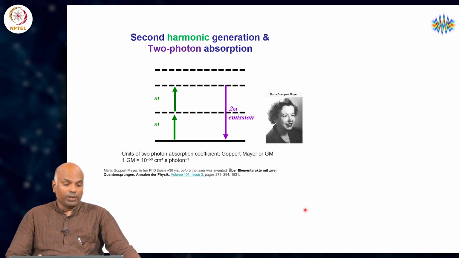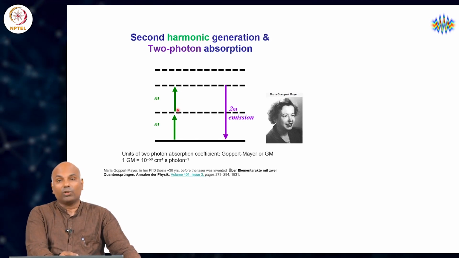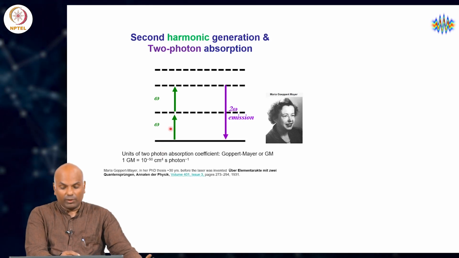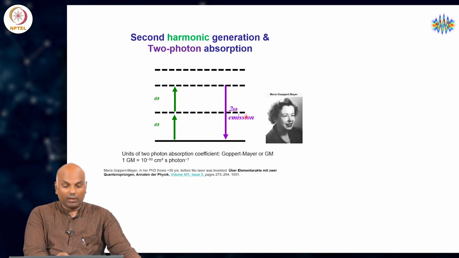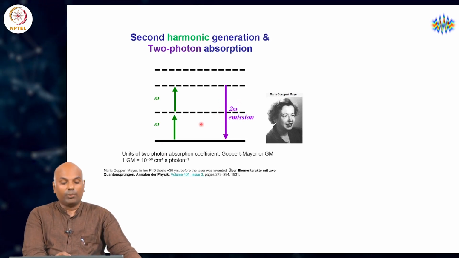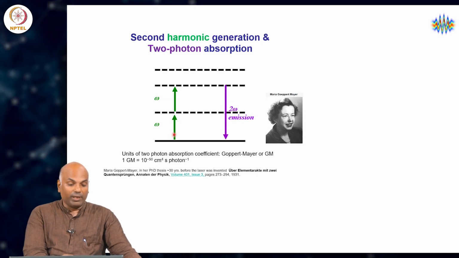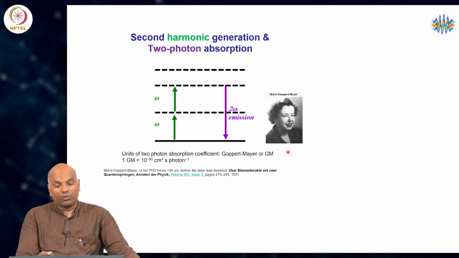So, second harmonic generation can also be viewed as the absorption of two photons by a single atomic center, or it could even be a particle. As long as there is sufficient coherence, we can observe second harmonic emission. This can be viewed as the simultaneous absorption of two photons by the medium. The dashed lines here represent so called virtual states.